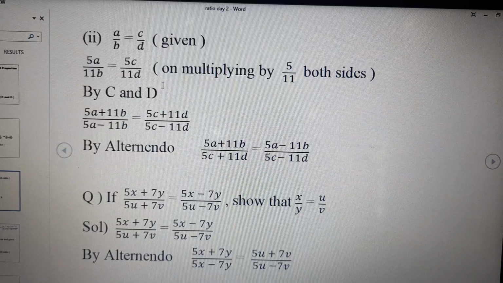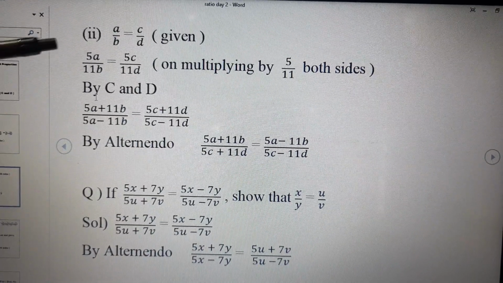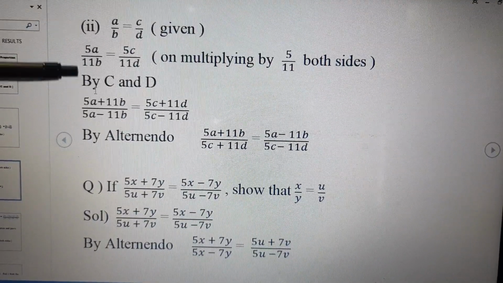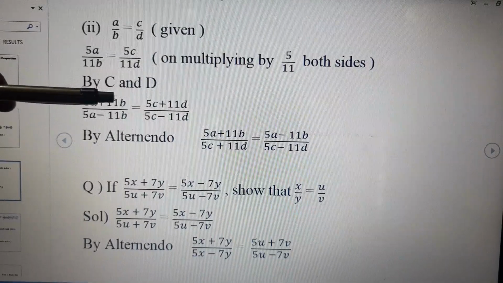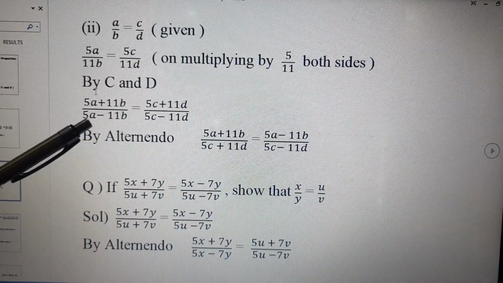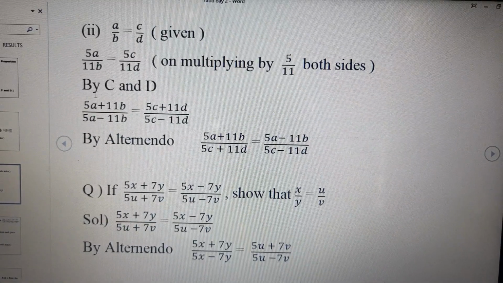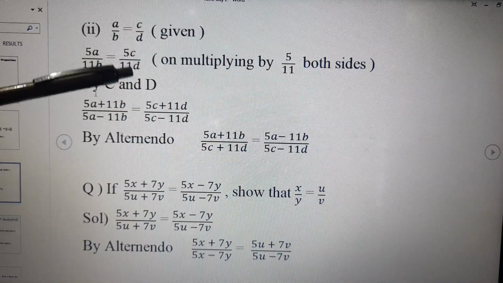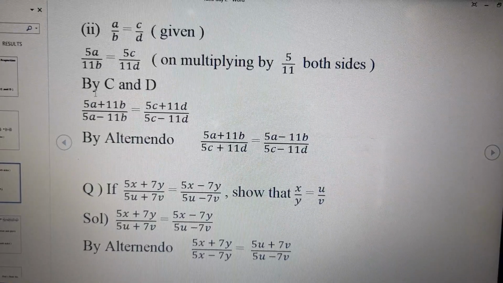Now if we apply componendo and dividendo, then again numerator plus denominator, 5A plus 11B divided by 5A minus 11B, numerator plus denominator divided by numerator minus denominator. Clear? The same thing will be applied in RHS also: 5C plus 11D divided by 5C minus 11D.